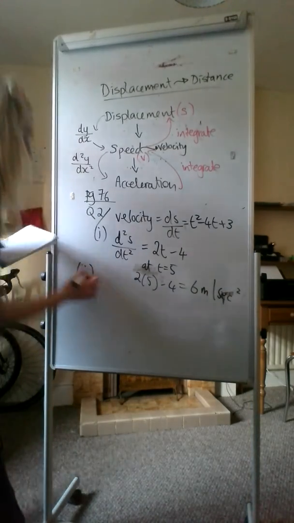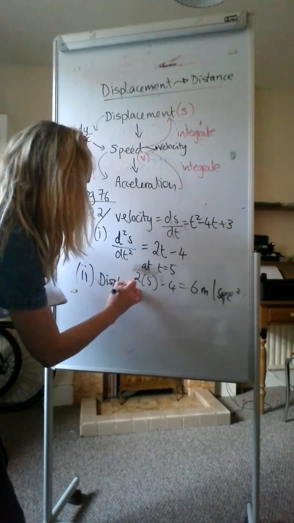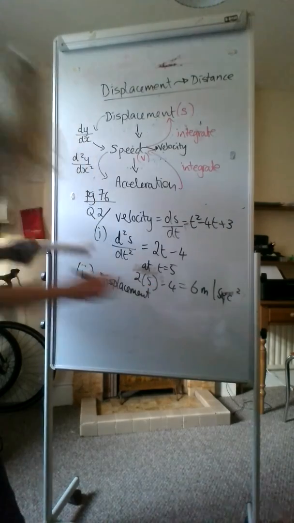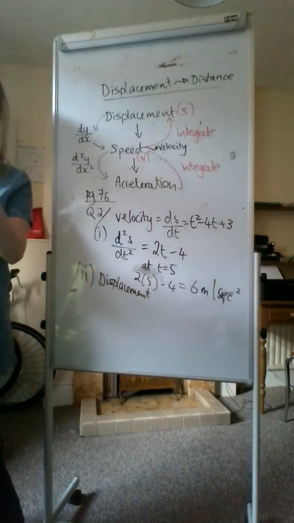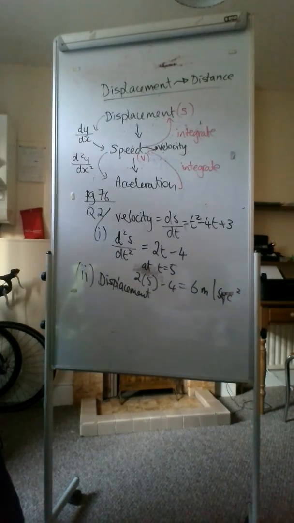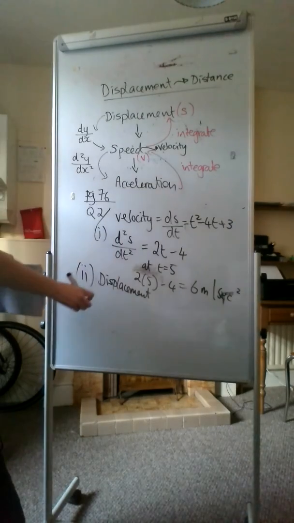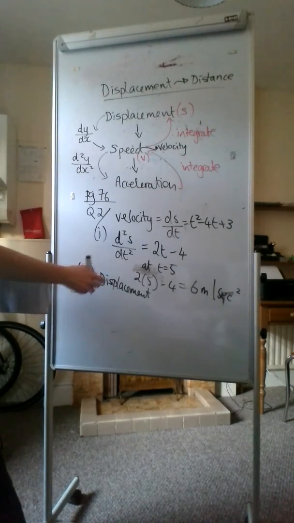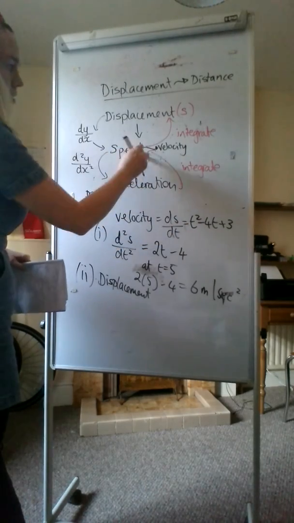So this one gives you, I remember now, the question asks you to find the displacement and to write S in terms of t. So we're going to integrate our function here because we're going from velocity backwards.